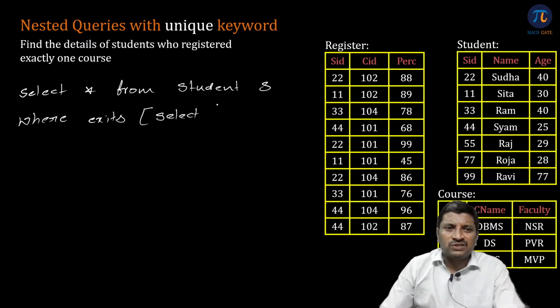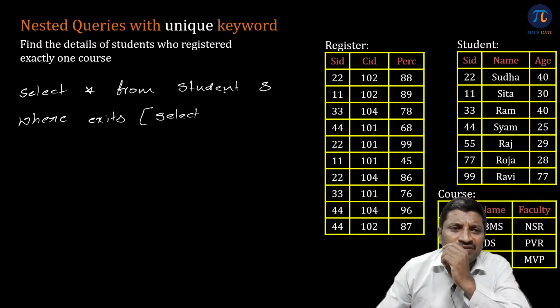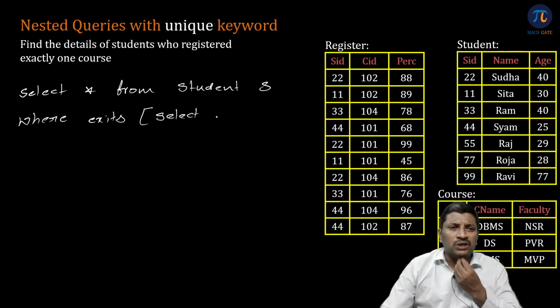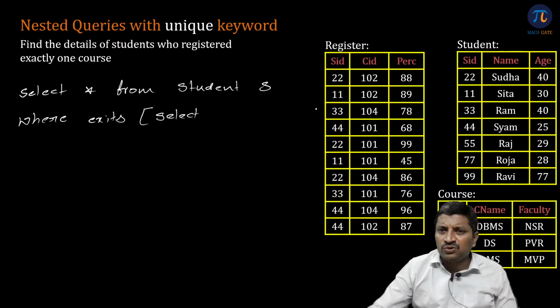Select the courses. So first let us take one record from the student and let us go to the courses table. Where is the courses table? Register, right? So select star from register.